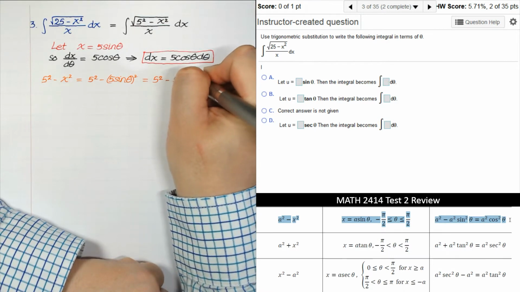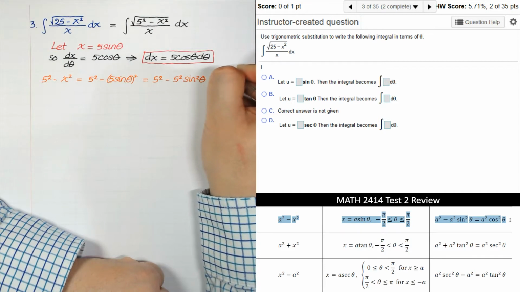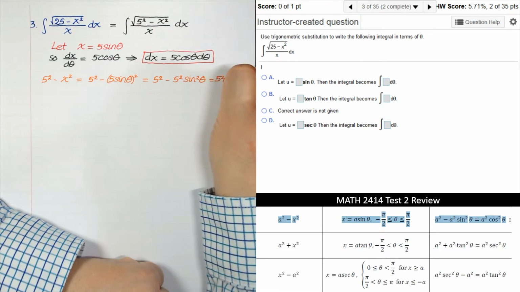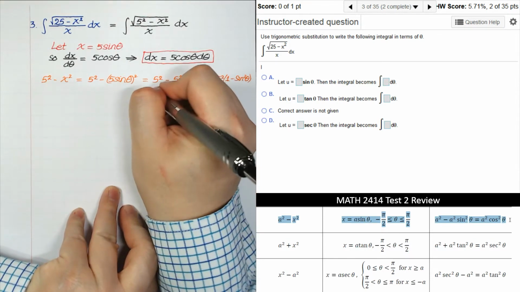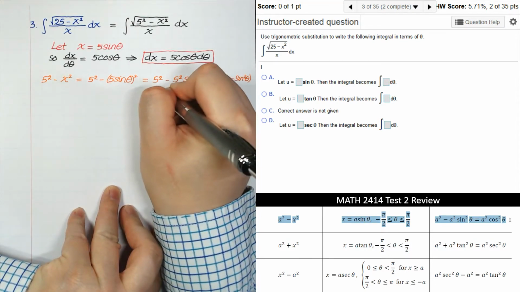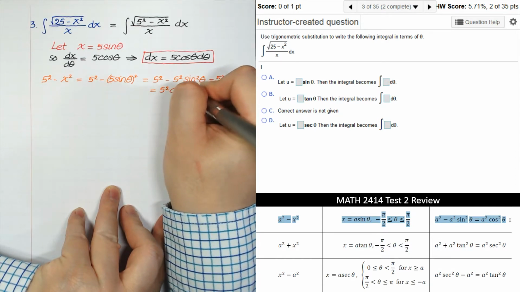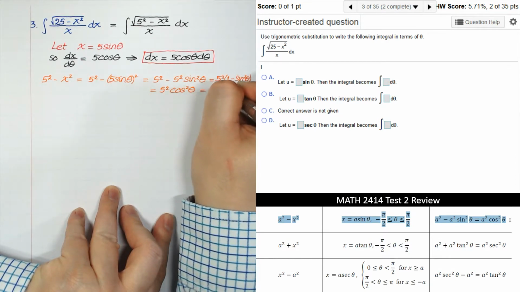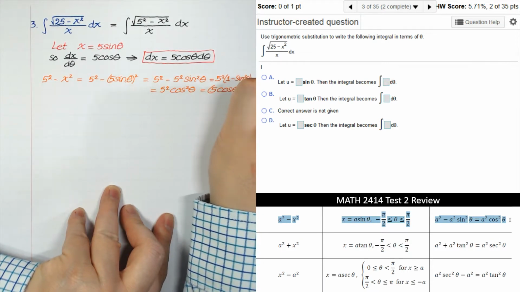Sometimes just doing this builds some repetition. Five squared times 1 minus sine squared is cosine squared.